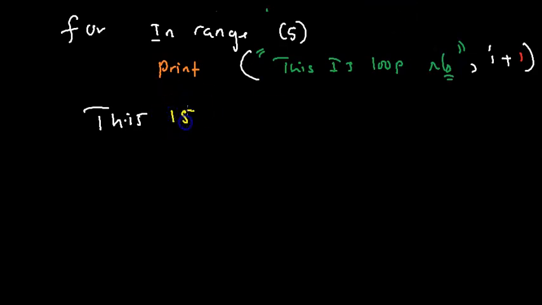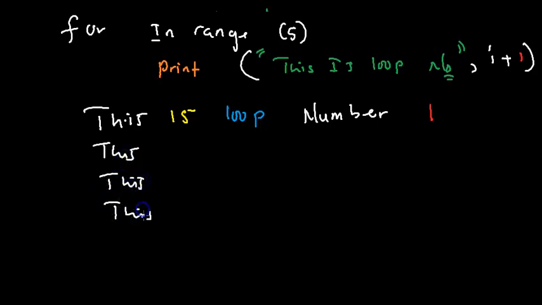This is loop number, and here comes 1. So we said this is going to repeat itself 5 times, and here we're going to have this, that is in Python.